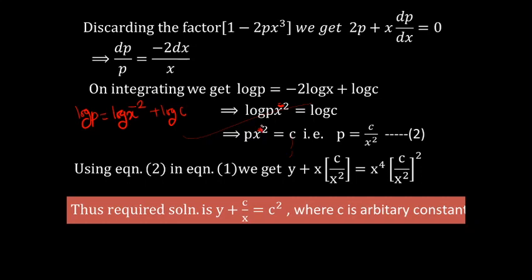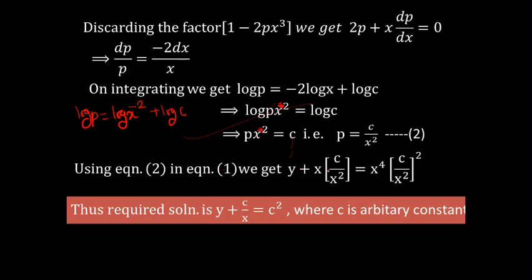When we apply the law of indices, this becomes plus 2. Okay, simplifying, p equal to c by x square. So now we have obtained the value of p. This value of p needs to be used in equation 1.